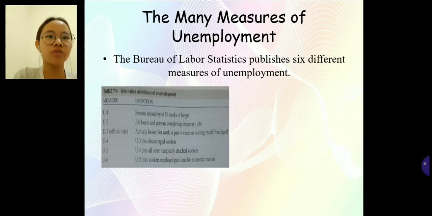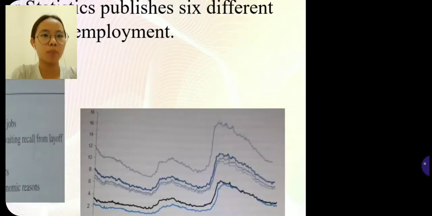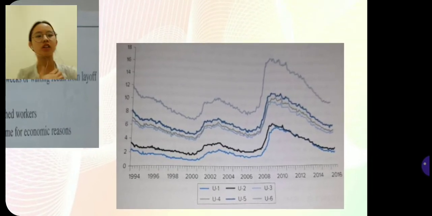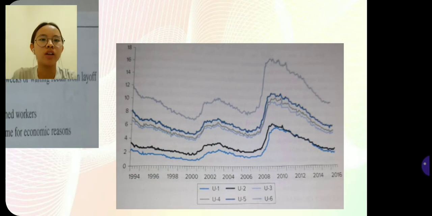And here is a figure. From this figure you can conclude that if you analyze the U3 and the U6, the U6 will be twice as high as the U3, and it is in the good times. Why?